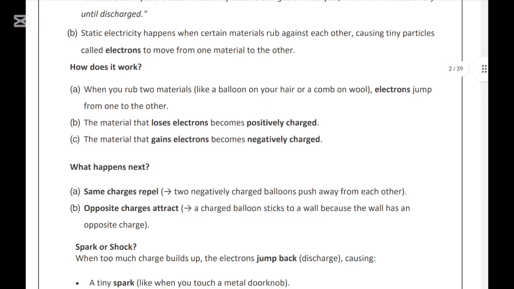The material that loses electrons becomes positively charged, and the material that gains electrons becomes negatively charged.